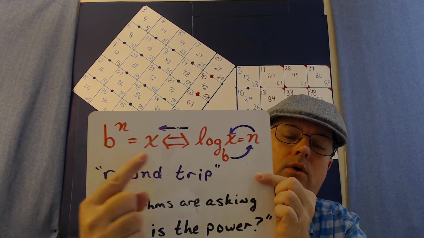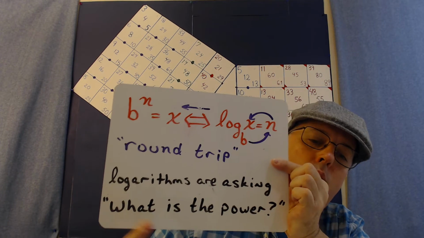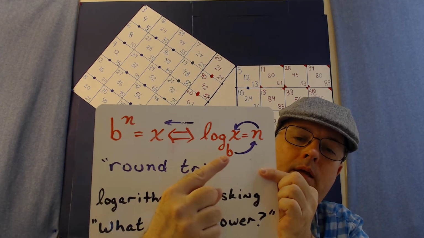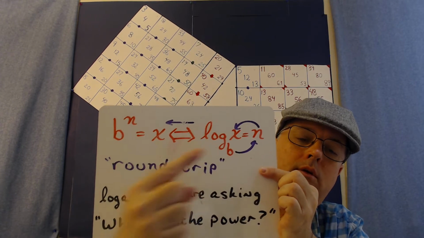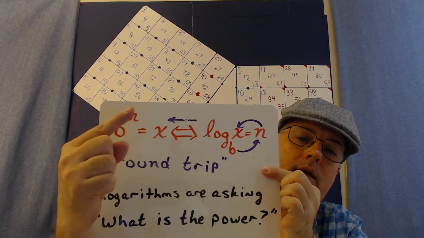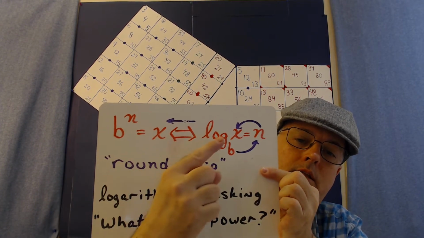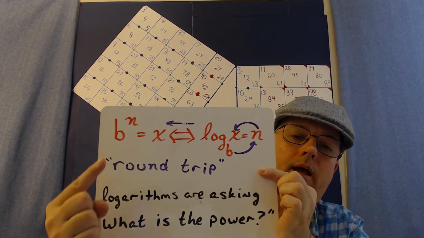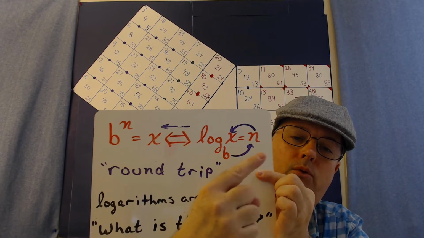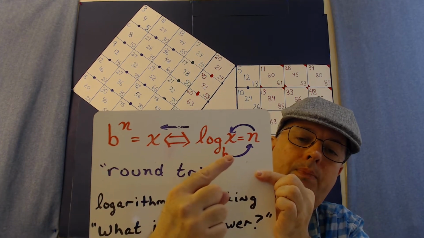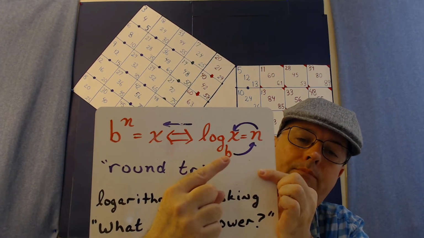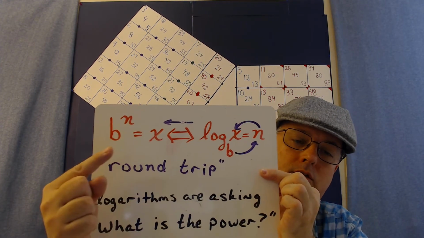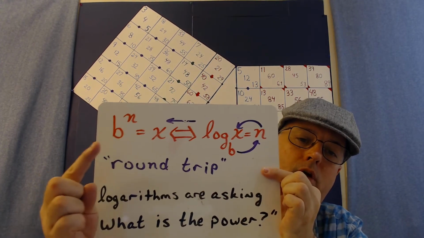And so the logarithm is asking, what is the power? What is the power that makes b become x? And since b to the n is x, then the log base b of x equals n. And anytime we want to go back and forth, we can make this round trip: b to the n equals x, and it sends us back to where we have our original statement.